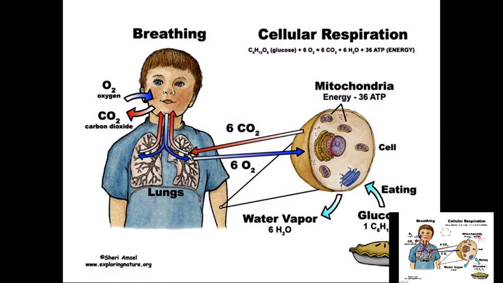And the very first step of that takes place over here in the cytoplasm, and it's going to break the 6-carbon sugar in half, giving us something that looks like this, which is two 3-carbon sugars. And that's pyruvate, or pyruvic acid. Okay? And we need oxygen in order to do that.